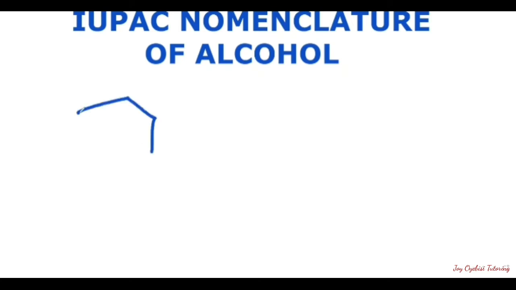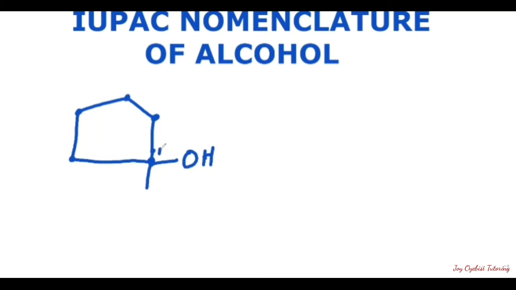The next example is this. Now, this is a cyclopentane. If you count the sides, this is 1, 2, 3, 4, and 5. So that's pent representing 5, but because it's in cyclic form, it will be called cyclopentane. All right, so if we are to count, we'll actually start from here because that's where the OH group is attached, okay?